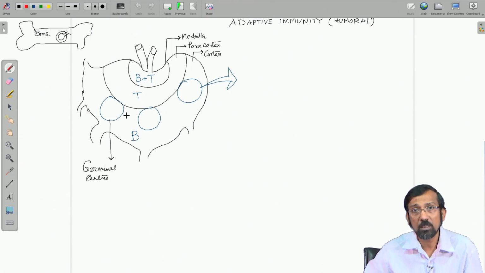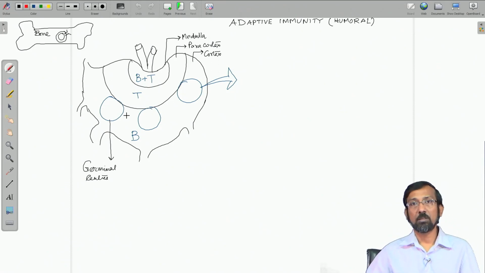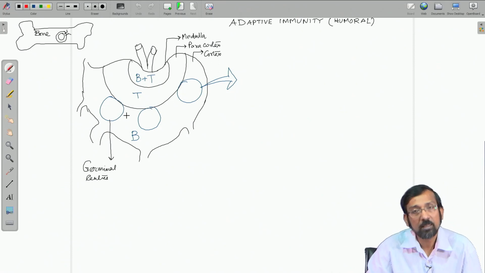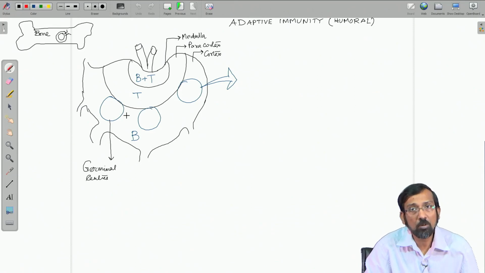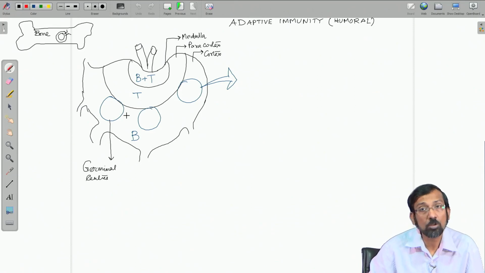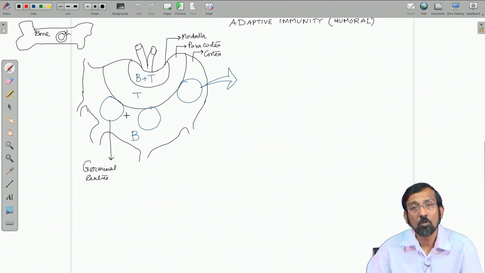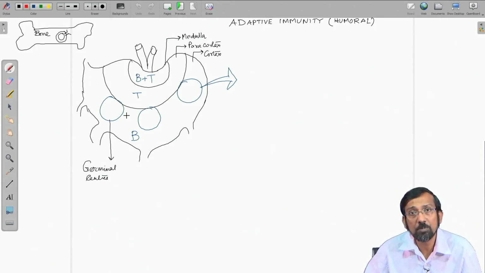They can bind these antigens, but this binding is not sufficient for activation of the B cells. Some other co-stimulatory events are required for their activation.